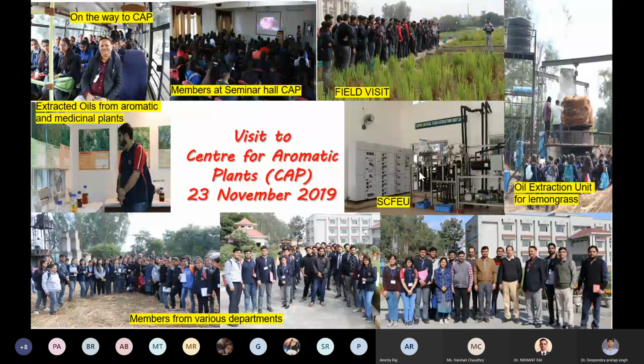Like if you want to extract clove oil from the clove, then the clove will be as it is, and all the oil will be extracted. So there is no damage to the seed, and that's how business is working nowadays. So that's why it is important.